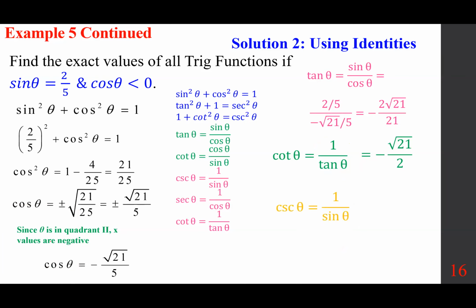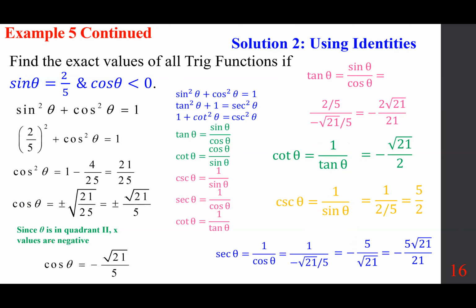Cosecant is 1 over sine, so 2/5 becomes 5/2. And secant is 1 over cosine, so the 5 comes at top. And now this one, you basically multiply by square root of 21 over square root of 21 to rationalize it.